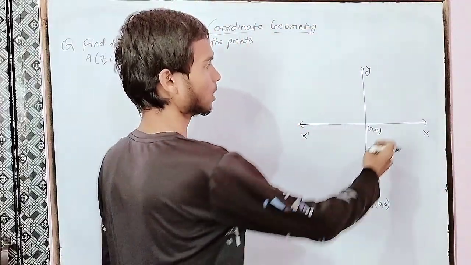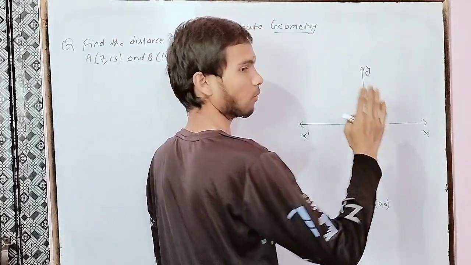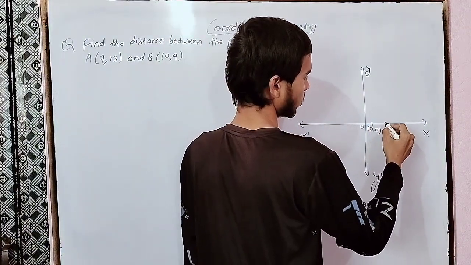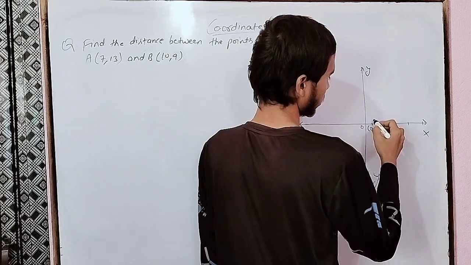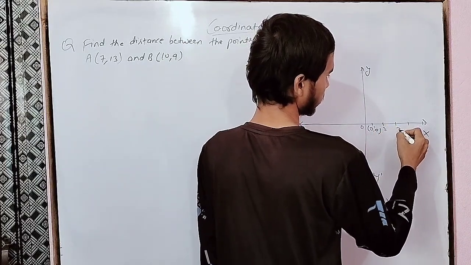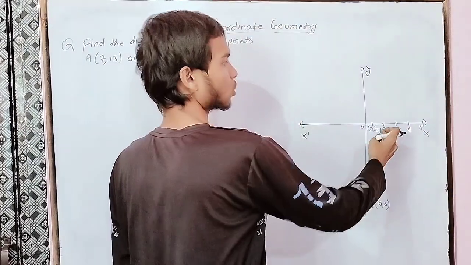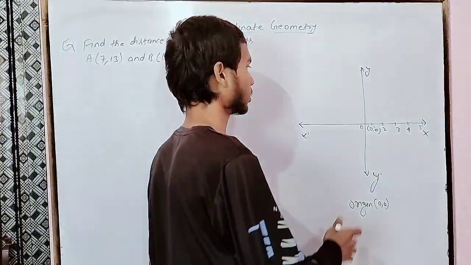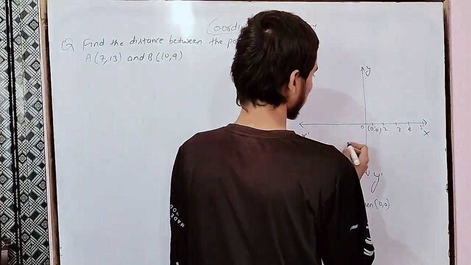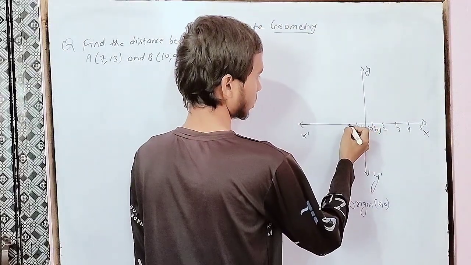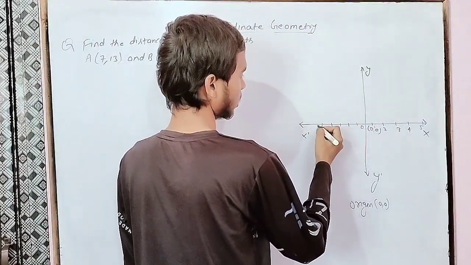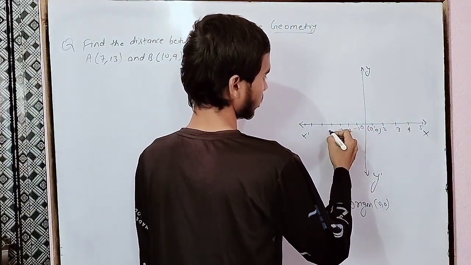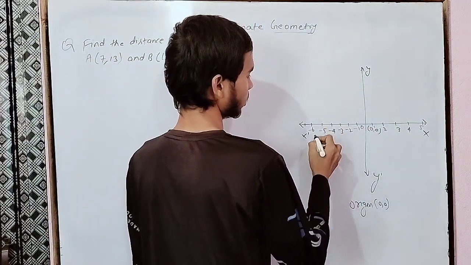Okay. Here this side will be all positive numbers. So this is 0, 1, 2, 3, 4, 5, like that. So these sides on the x-axis will be positive numbers, positive natural numbers you can say, and this side on the x-axis will be negative numbers: 1, 2, 3, 4, 5, 6.